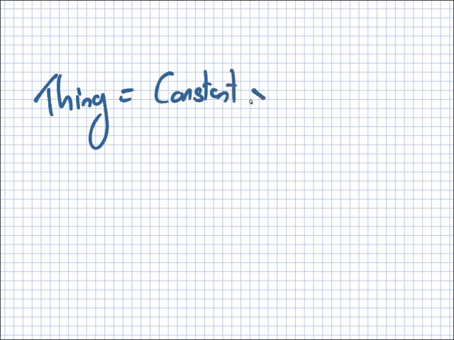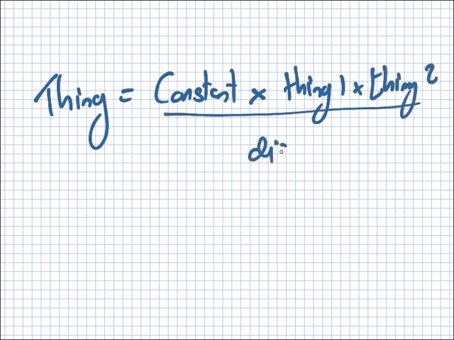You have a thing equal to a constant multiplied by thing 1, thing 2 over distance squared. These are very common formulas in physics.